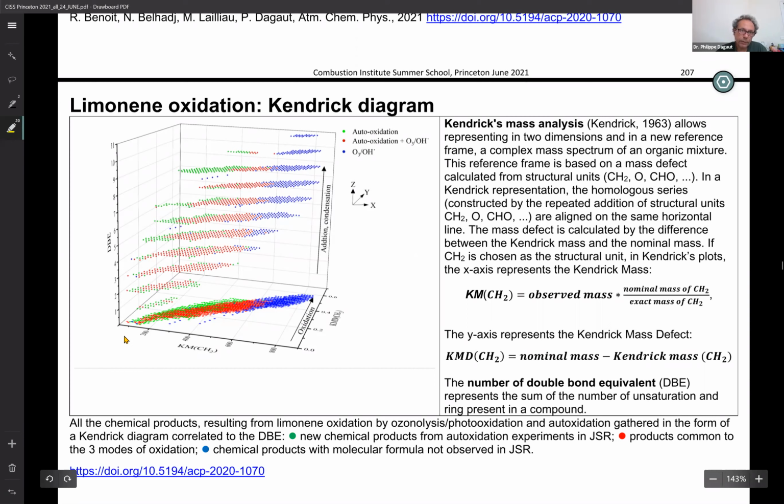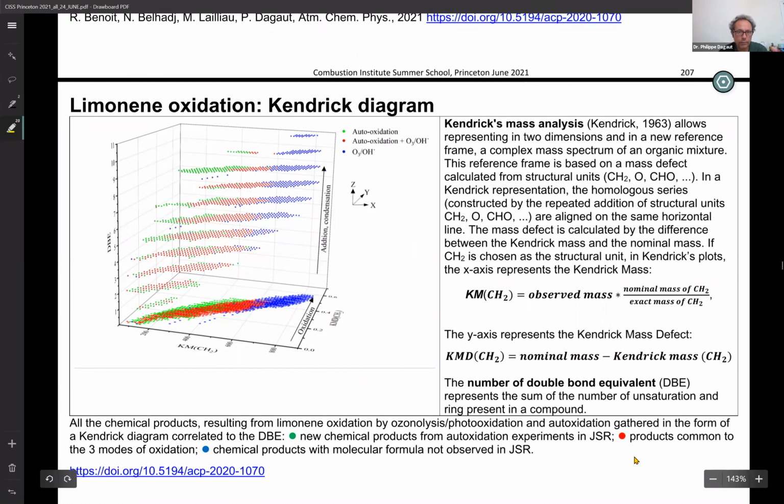And here it's the equivalent double bond unsaturation, and we can see that there is some distribution of the molecular formulas that we observe.